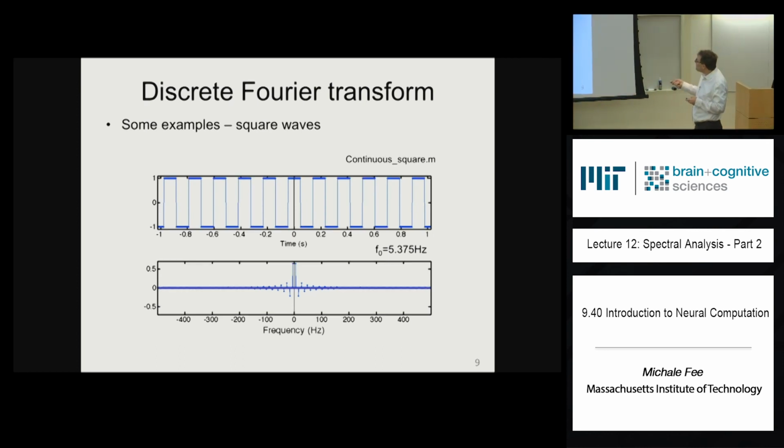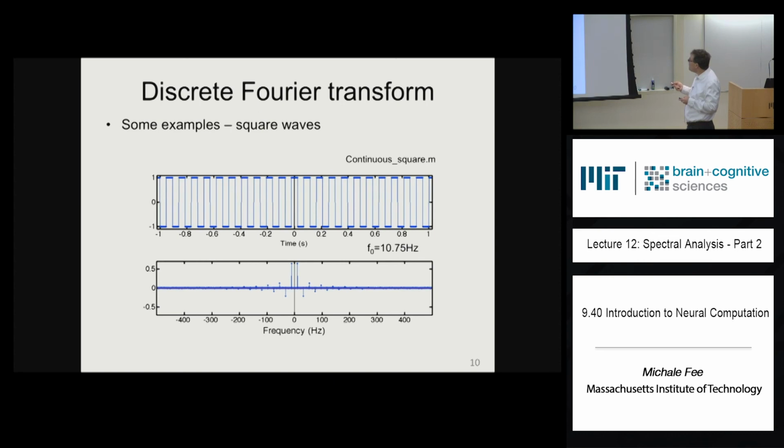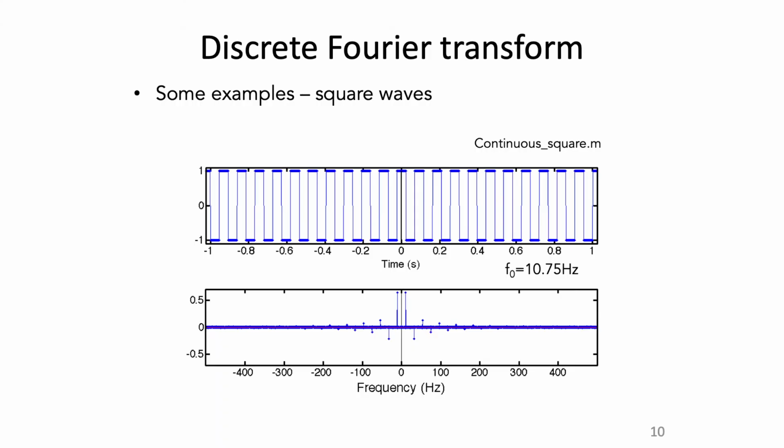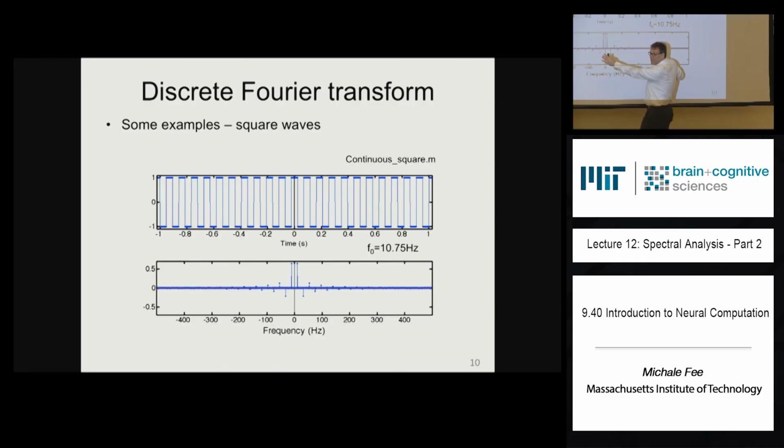Now, if you take that same function and make it go faster, so now it's at about 10 hertz instead of 5 hertz, you can see that the Fourier transform is exactly the same. It's just scaled out. So the faster something moves in time, the more stretched out the frequencies are.